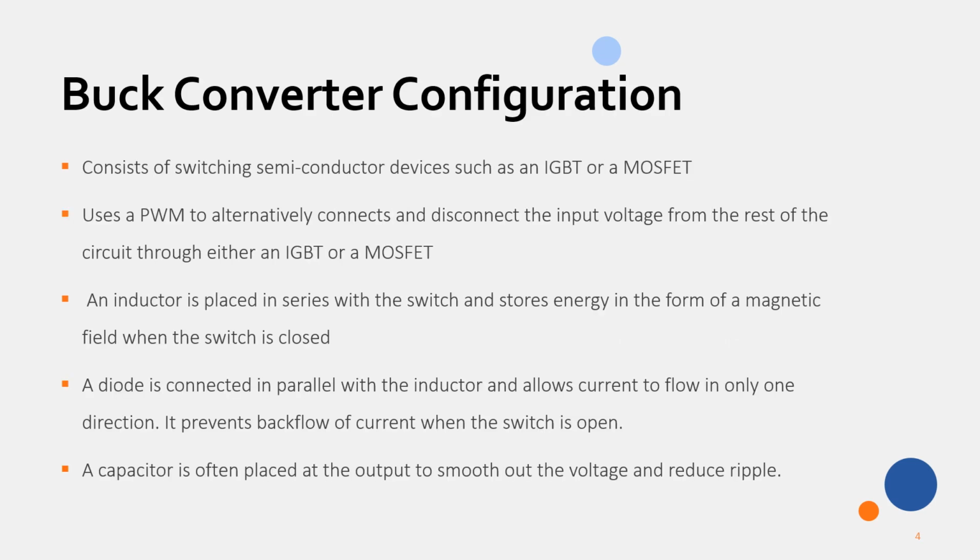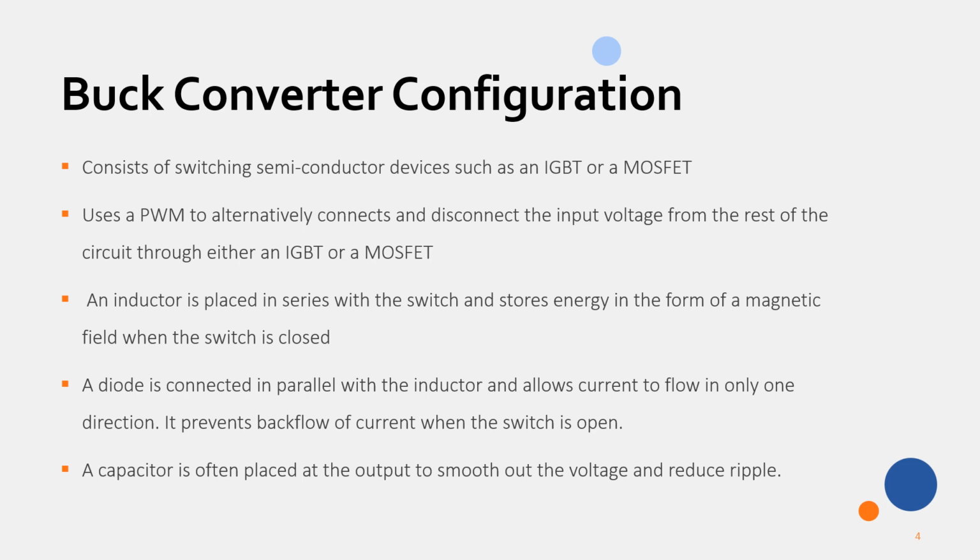When we talk about the buck converter configuration, this comprises mainly of switching semiconductor devices such as the MOSFET and the insulated gate bipolar transistor. The buck converter configuration uses pulse width modulation to alternately connect and disconnect the input voltage from the rest of the circuit through either the IGBT or the MOSFETs, which are the two major switching devices here.